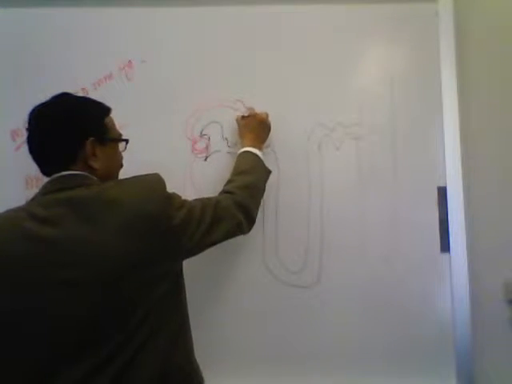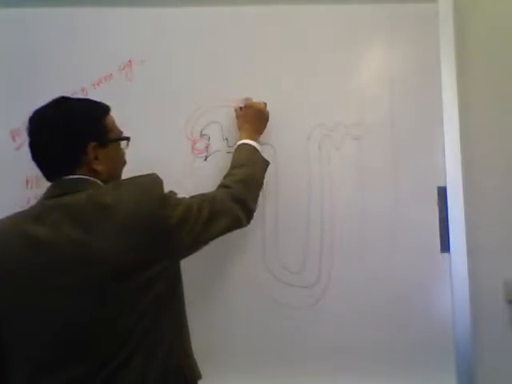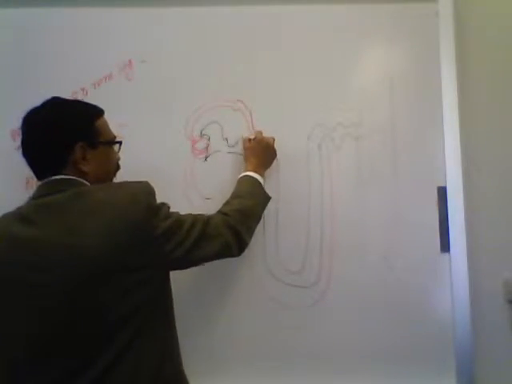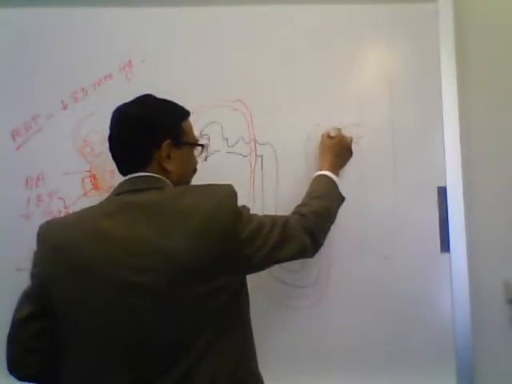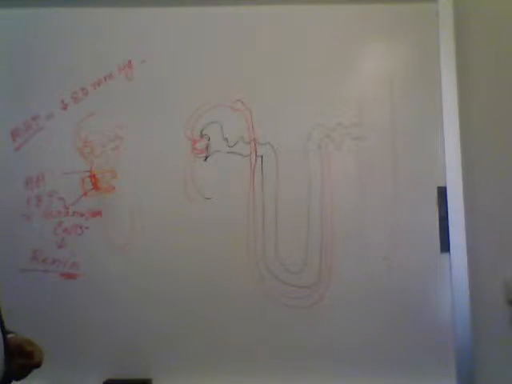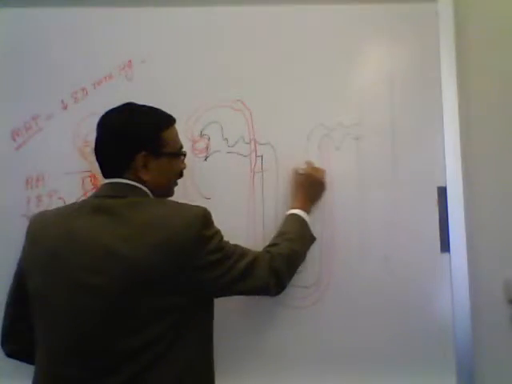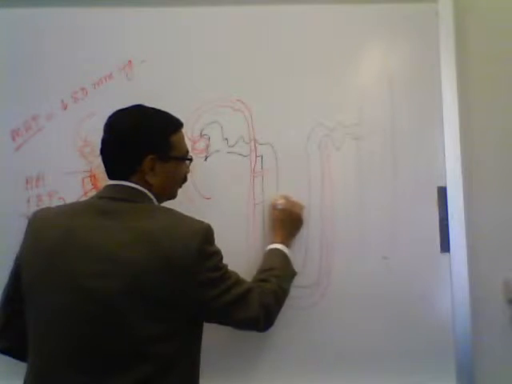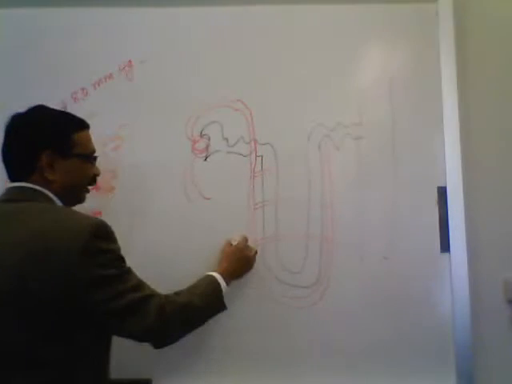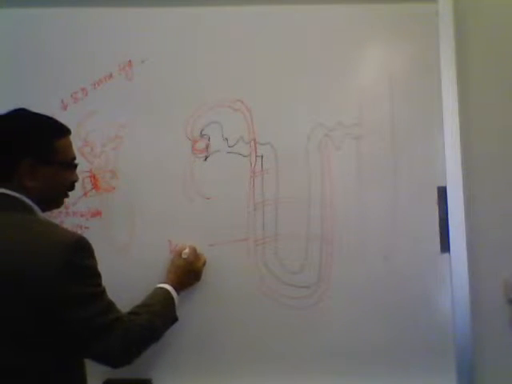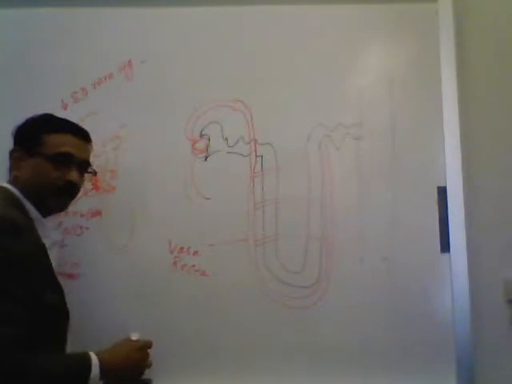And in the case of a long looped nephron, the efferent arteriole goes like this, along the long loop of Henle, and it is like a ladder. This capillary structure is like a ladder, and this is called what? Vasa recta. Do you remember that?